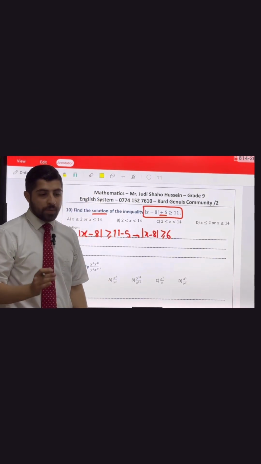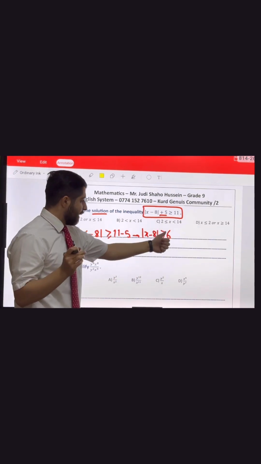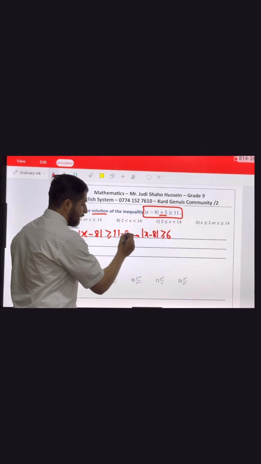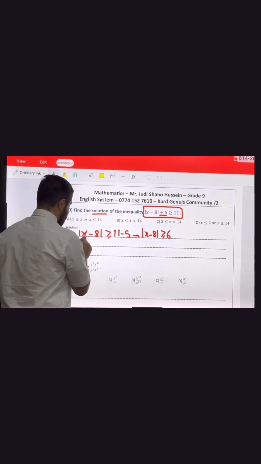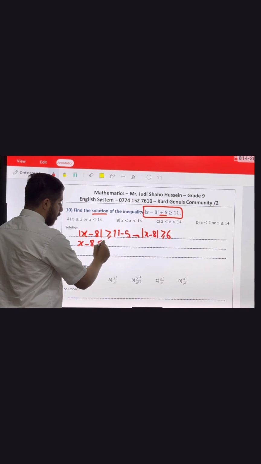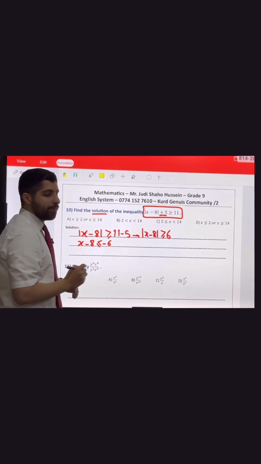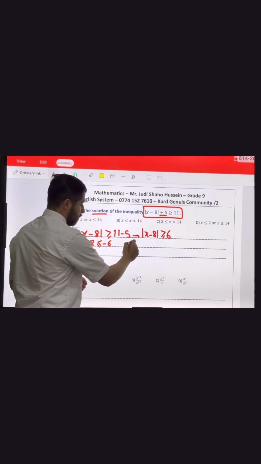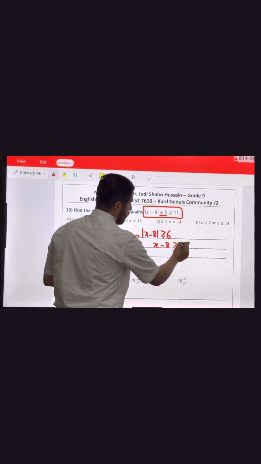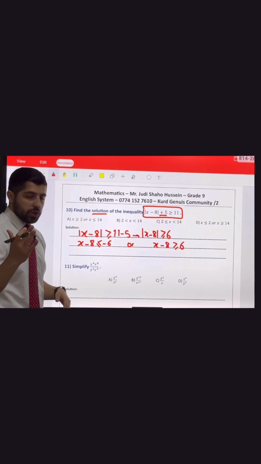Okay, now because the number is greater than the absolute value, you have 2 cases. Case 1 is that x minus 8 is less than or equal to negative 6, or x minus 8 greater than or equal to 6. Okay, so what do we get?